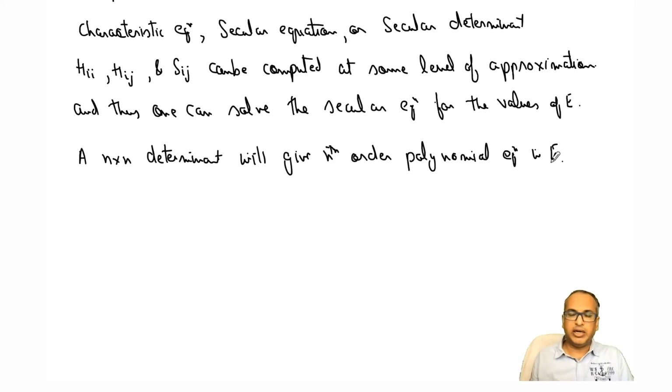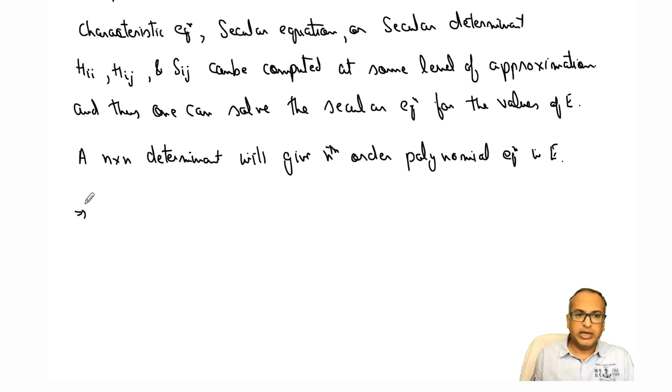Because you will have n different energies. Some of them can be accidentally degenerate, some because of symmetry, but you will get n different energies. In this example, you have a 2 cross 2 determinant, so you will get a quadratic equation.